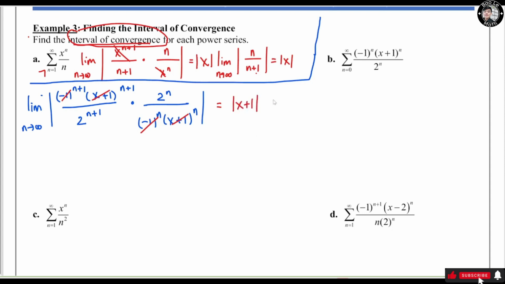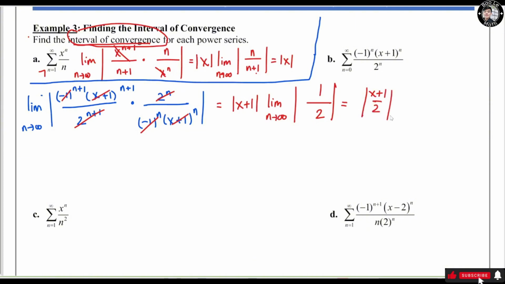I bring it to the front and put the limit when n approaches infinity right here. It's 2 to the n over 2 to the n plus 1, so I have absolute value of 1 over 2 left. So we have absolute value of s plus 1 over 2.